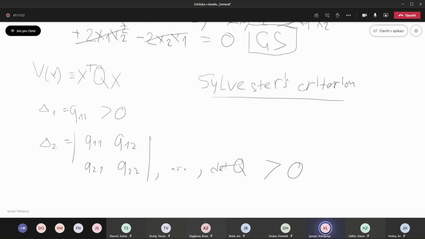In this case, this quadratic form is positive definite. And let's check some quadratic form. Any question here? In this step, you can check the Sylvester's criterion.